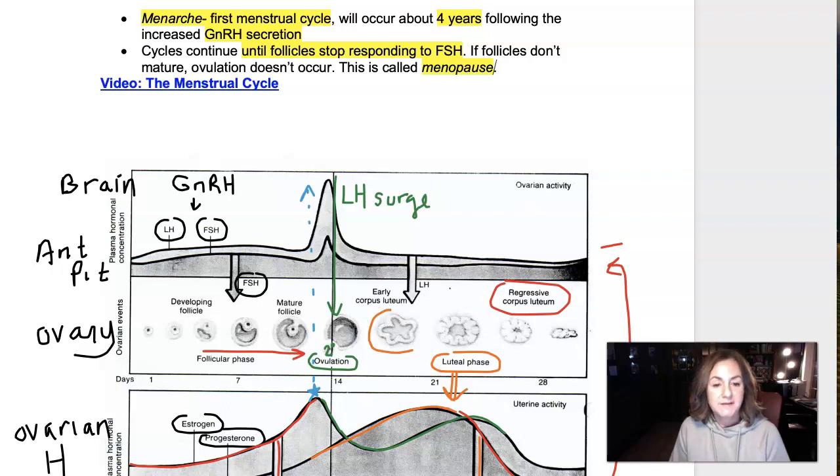So one thing to consider here is, during menopause, what are FSH levels like? And I'm going to leave that as a question for you to think about. What would FSH levels be like if the ovary doesn't have any follicles that are responding to FSH?